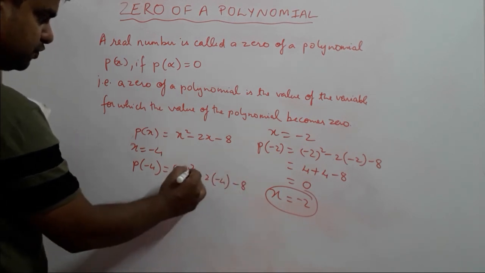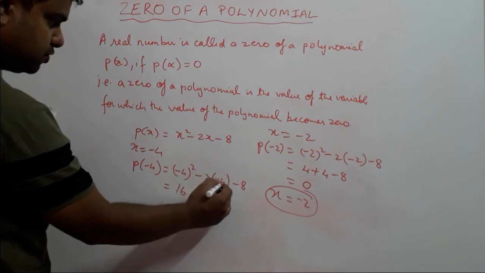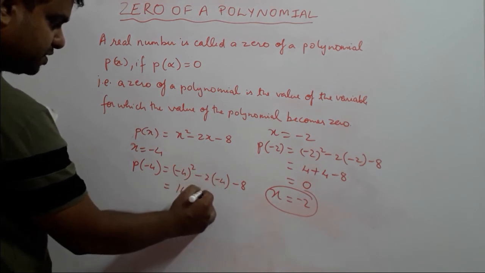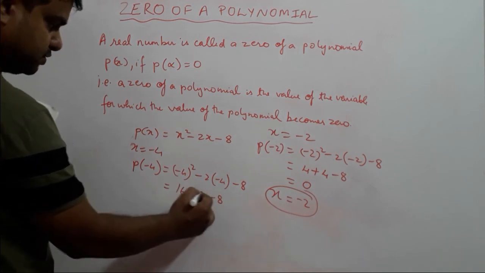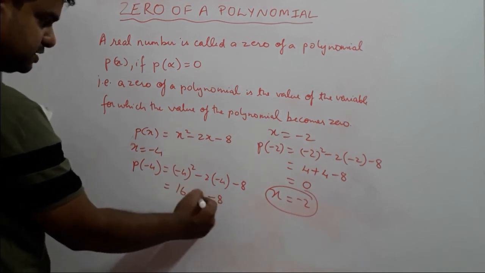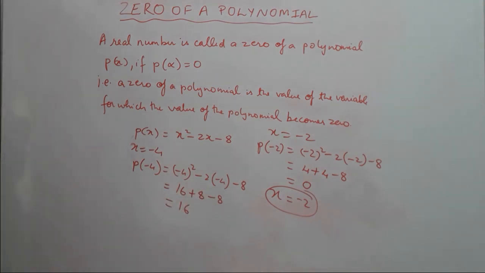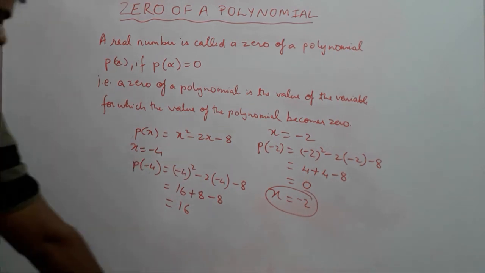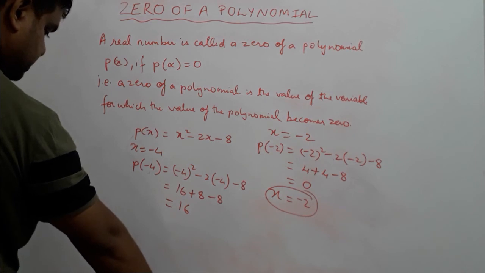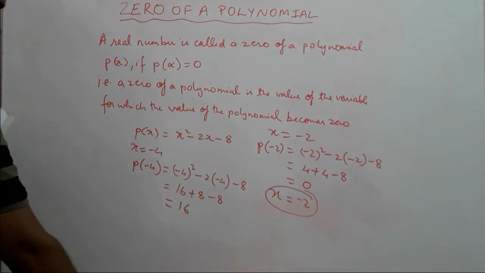Minus 4 into minus 4 becomes 16, and minus 2 into minus 4 becomes positive 8, and minus 8. So positive 8 minus 8 cancels, becomes 0, and what we are left with is 16. So you are not getting 0. If you are not getting 0, that means this value which you substituted in place of x is not a zero of this particular polynomial.